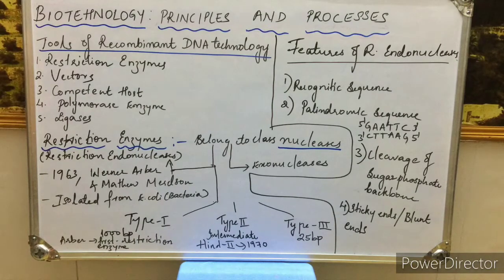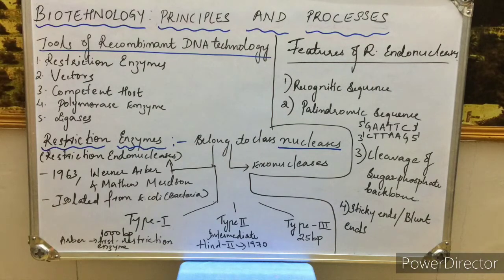Type 1 and type 3 require ATP, but their cleavage distance from the recognition sequence varies. In case of type 1, it is 1000 base pairs; in case of type 3, it is 25 base pairs. But type 2 are the intermediate. They cleave very near, a little away from the recognition sequence.